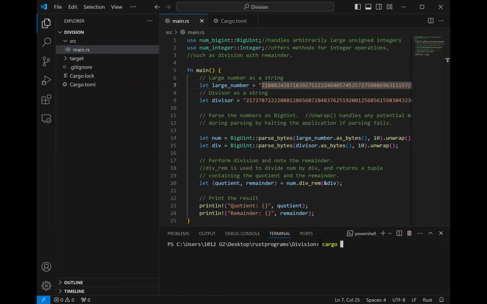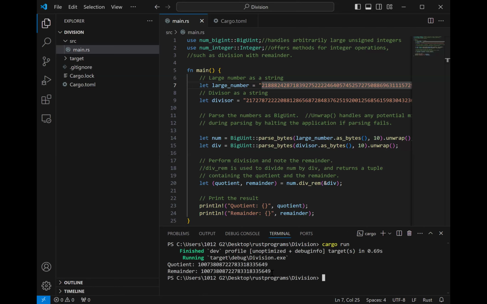You are seeing what I've written? Yes, we can see your terminal. What have I written? Cargo run. Can you see the quotient and the remainder? Yes. After running, is that okay? Yes.